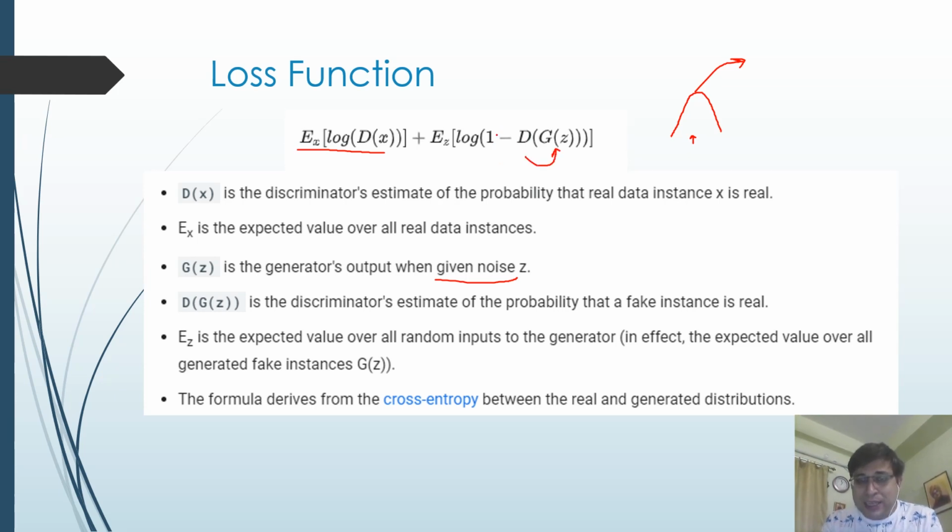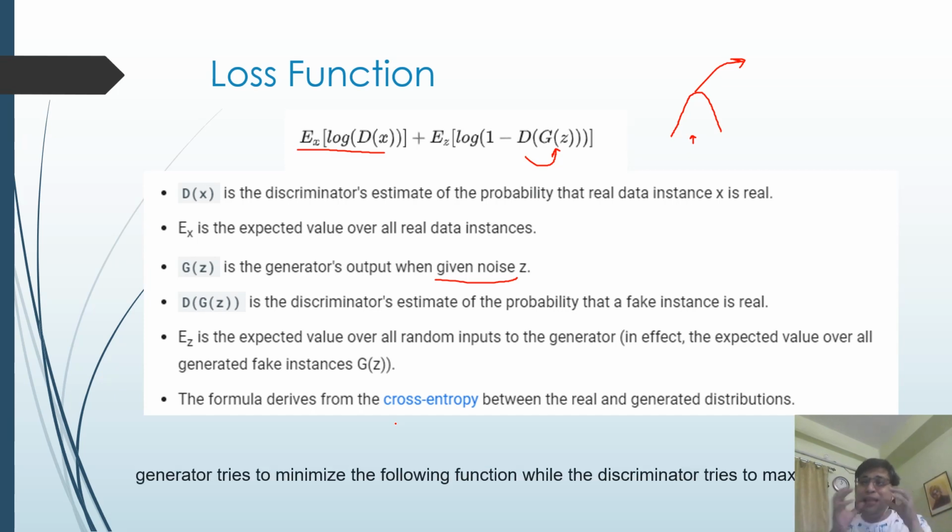As it is in a negative form in the overall objective function, the generator actually tries to minimize it, and the discriminator tries to maximize it. This is a very interesting setting where both are learning using the same loss function, the generator minimizing it and the discriminator maximizing it. A perfect adversarial setting, similar to the min-max game setting in game theory.